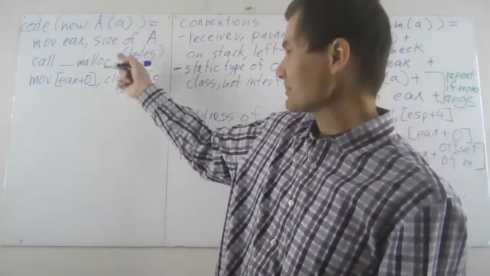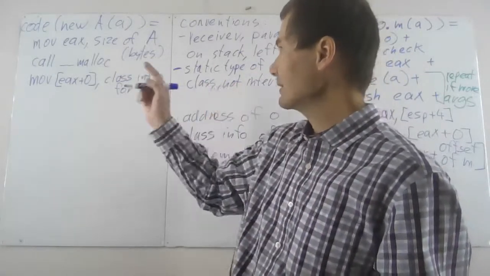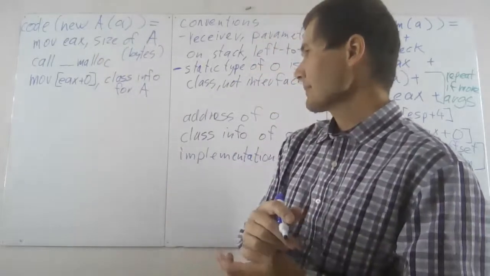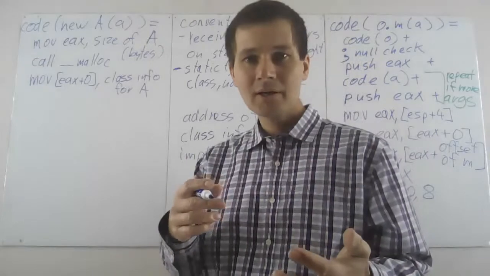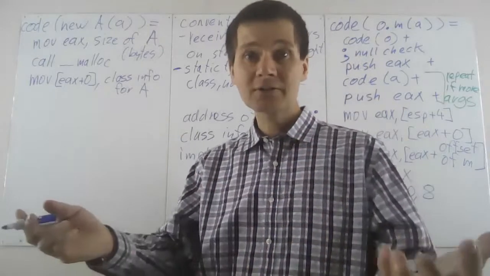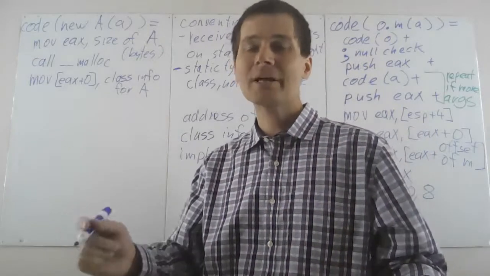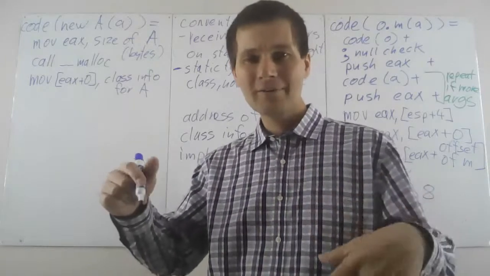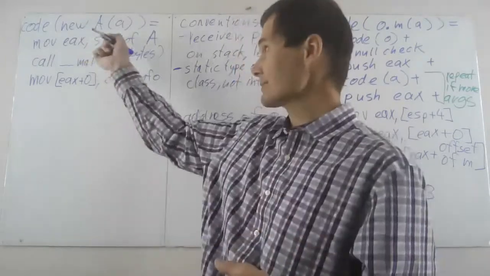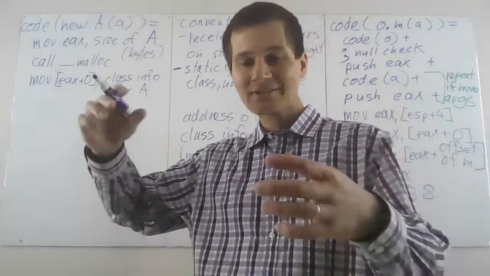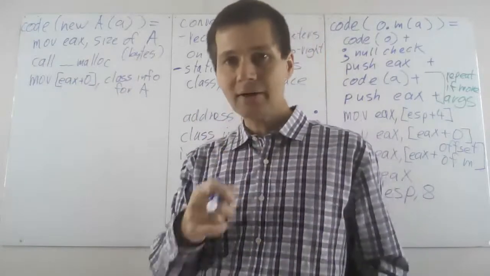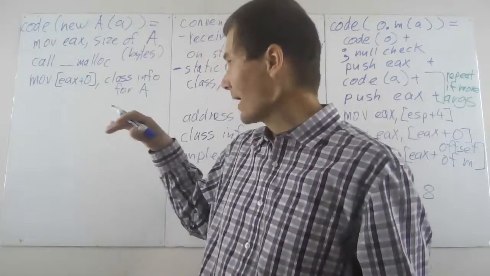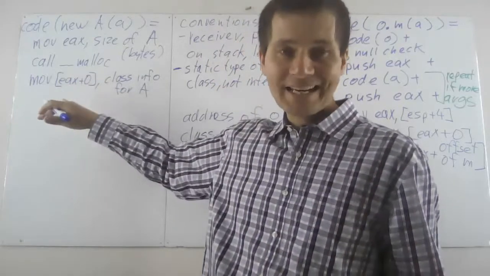And I said we need to initialize A. You were probably thinking we should initialize the fields of A to their initial values. Like if I declare a field in class A, like int x equals 42, should we put the 42 in there? I'm not going to do that here.